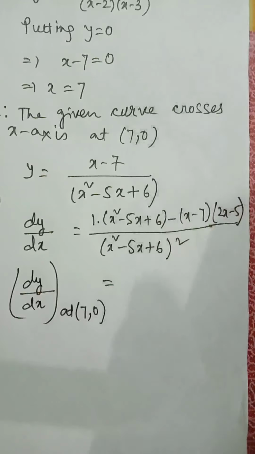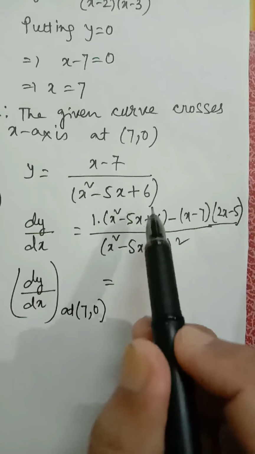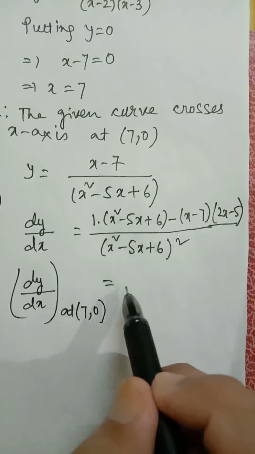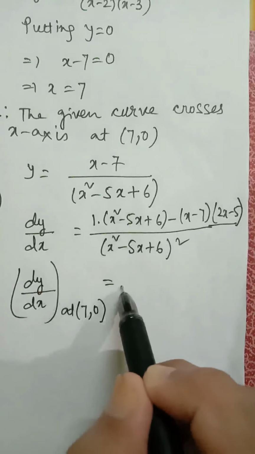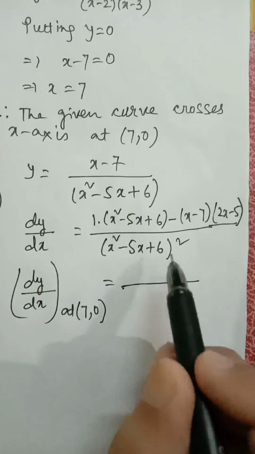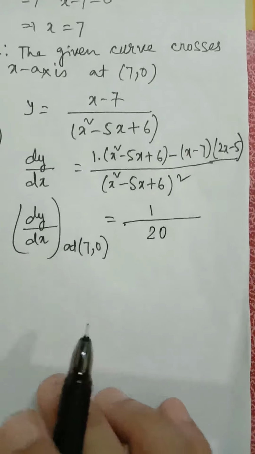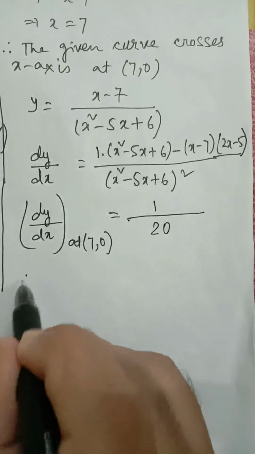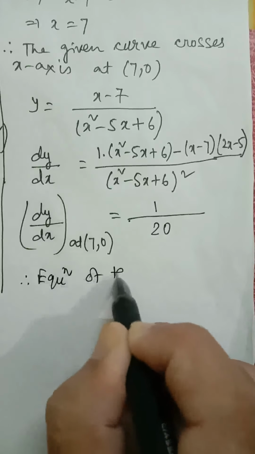Now you can see x square minus 5x plus 6 appears in both places, so one of the terms will get cancelled, and the denominator will be 1 by x square minus 5x plus 6. If we put x equal to 7, its value will be 1 by 20. So dy by dx at (7, 0) is 1 by 20.